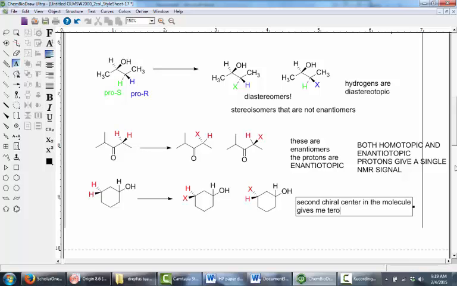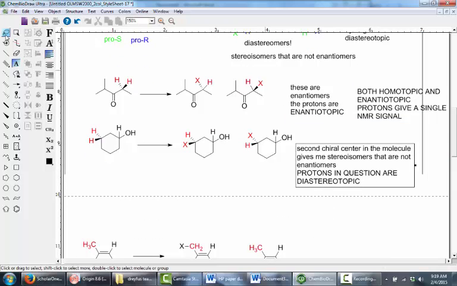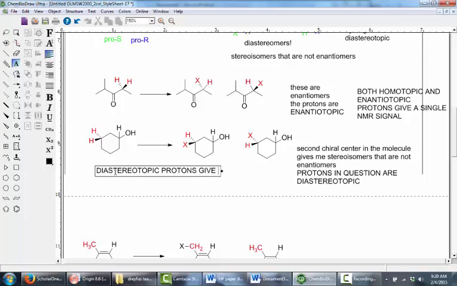That gives me stereoisomers that are not enantiomers. That means that the protons in question are diastereotopic. And again, diastereotopic protons give unique signals in the NMR.